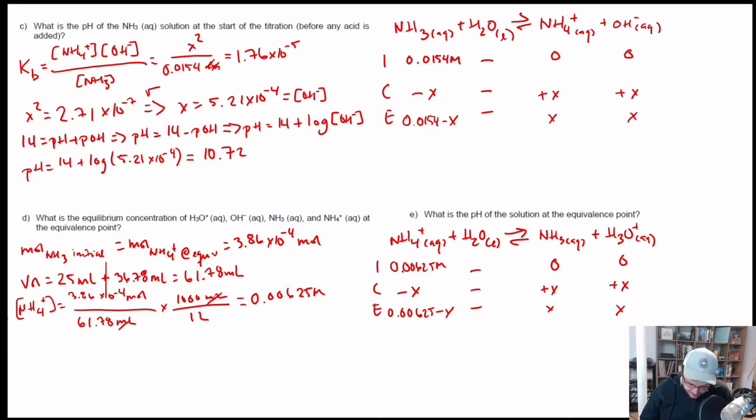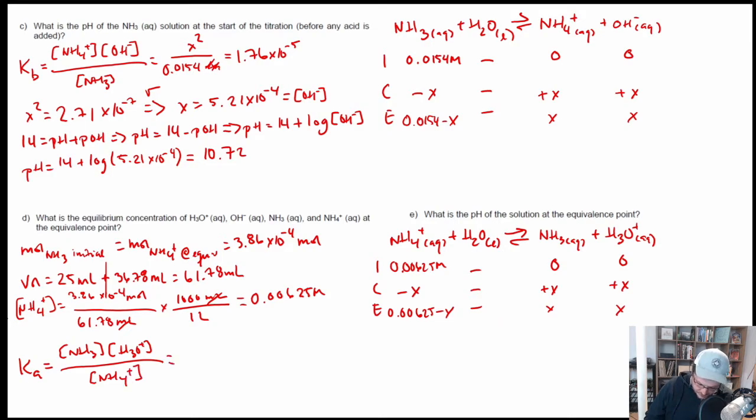So now the thing to do is set up our equilibrium expression. Ka is equal to the concentration of aqueous ammonia times the concentration of H3O plus over the concentration of NH4 plus.